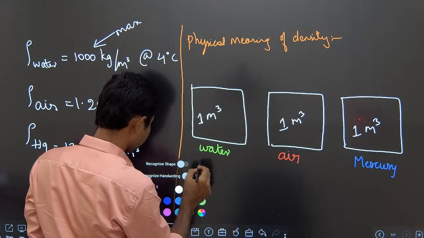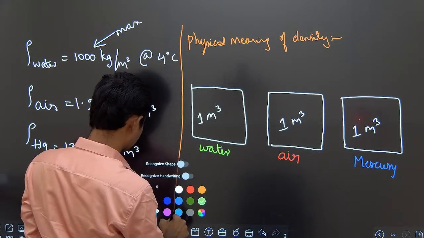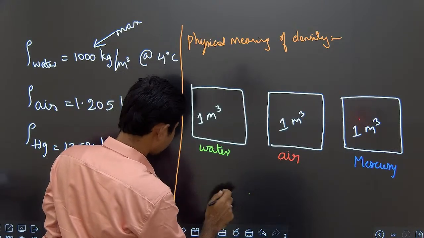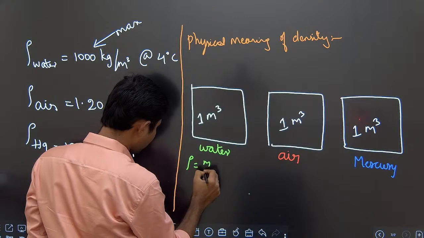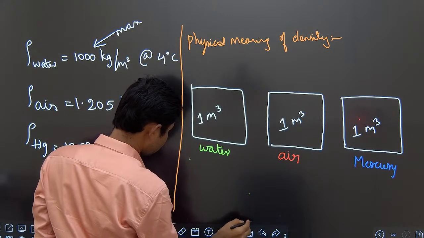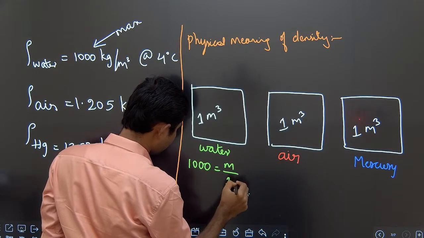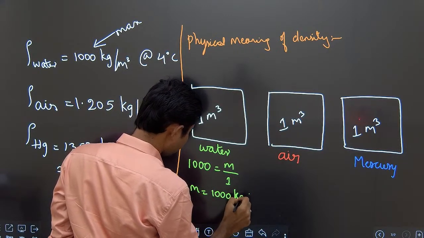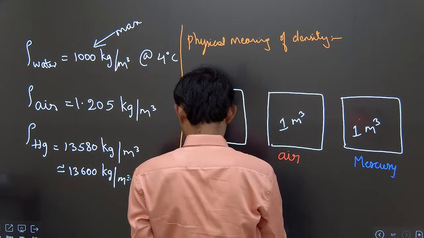First consider water. Density is equal to mass by volume, and the density of water is 1000, so 1000 equals mass by 1 meter cube. So mass is equal to 1000 kg.